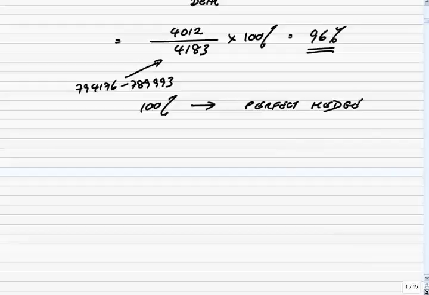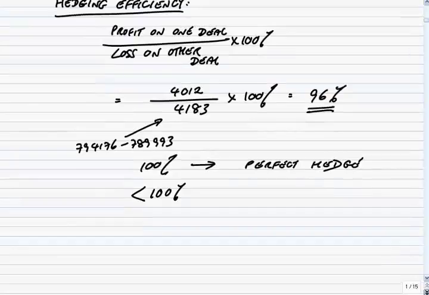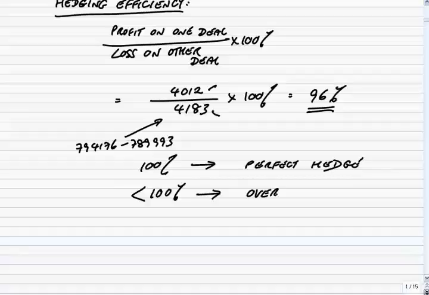Well, we already discussed why in real life it's so unlikely to end up being a perfect hedge. In ours it wasn't. The efficiency was 96%. But be clear that if it's less than 100%, as it is here, it means the profit was a bit less than the loss, and so we've made an overall loss.